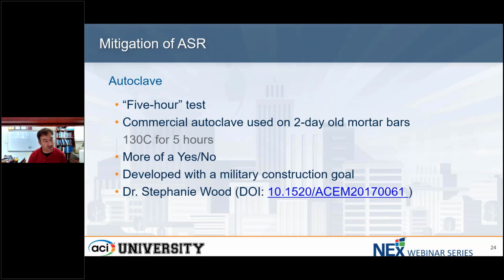She's now at the U.S. Army Corps of Engineers in Vicksburg. And I'm actually using the exact same autoclave she is because I took over the lab she was in right after she graduated from UA. So all this testing is very, very similar to that publication there.